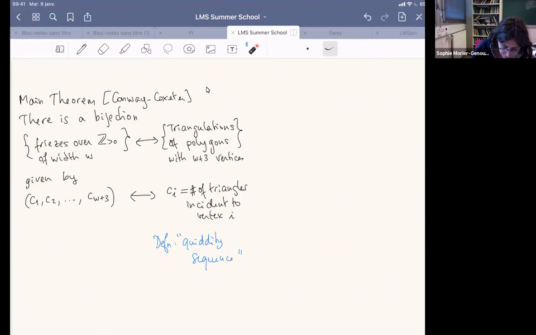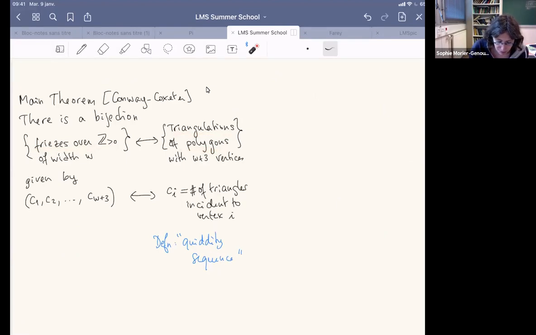Okay, so I recall here this main theorem, which was this correspondence between frieze with positive integer entries and the triangulations of polygons. We saw the recipe to construct this bijection.